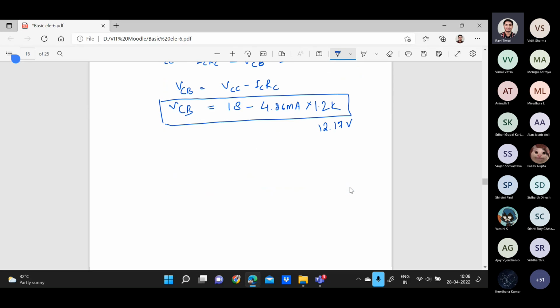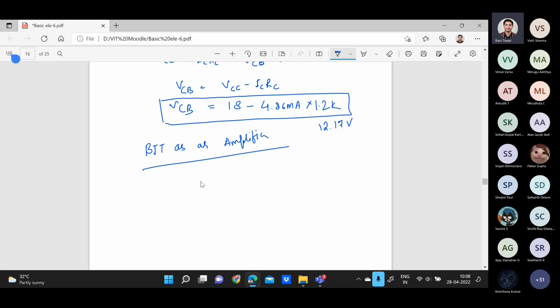Volt. Okay, now I am trying to use this BJT as an amplifier. For example, you have one BJT like this. Here I am giving the value of IB, and here you have IC and IE.